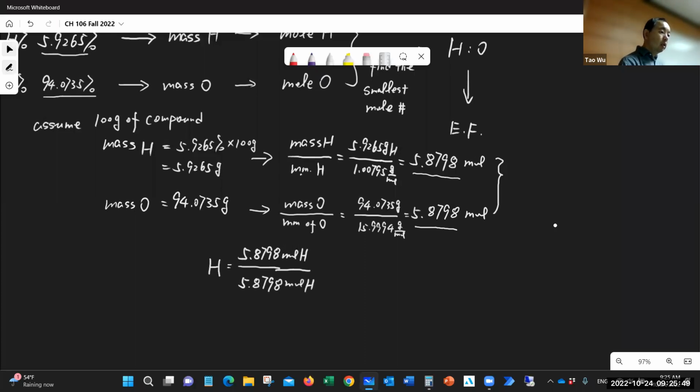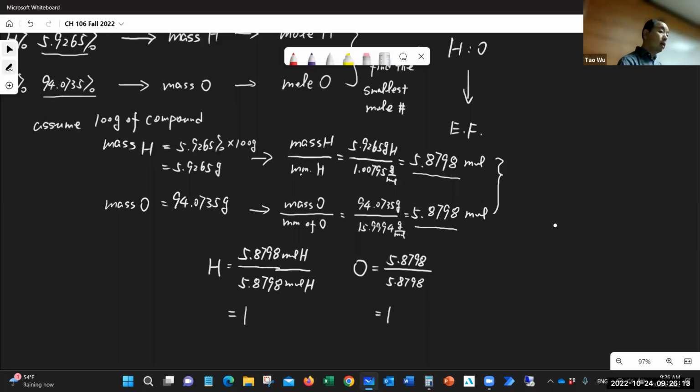And the oxygen will also become 5.8798 divided by 5.8798. So now you divide by the smallest mole number, and you will find this is 1 and this is also 1.